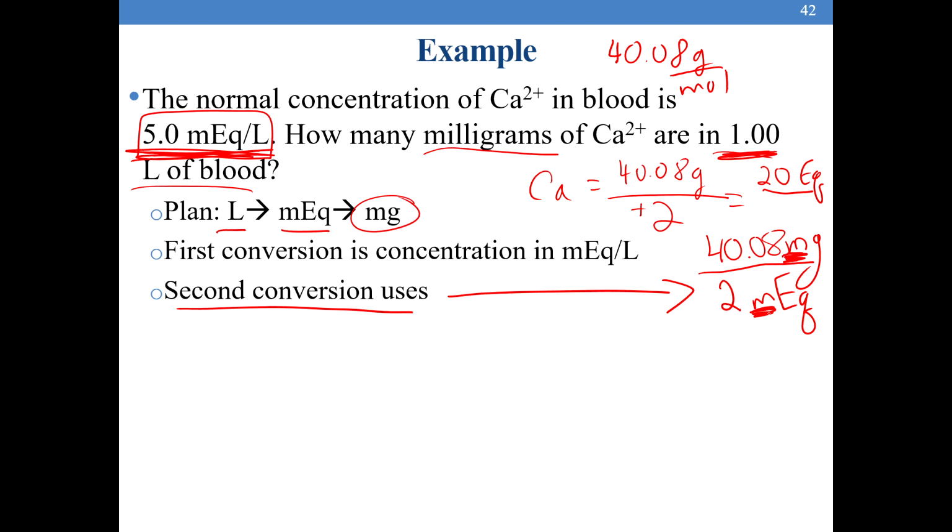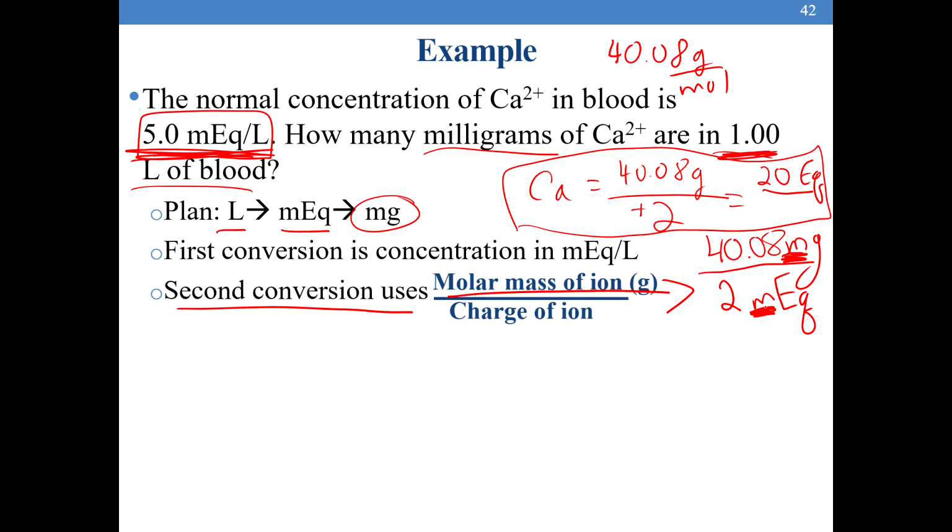If I were just asked to find the equivalence of calcium, this math here, using the blue formula from earlier, is what you would use, okay? But you can do this with equivalence, I know it's sort of funky algebra. So here's the example. Do you see the molar mass divided by the charge? That's all I'm doing right here, except I'm adding a little m in front of it.